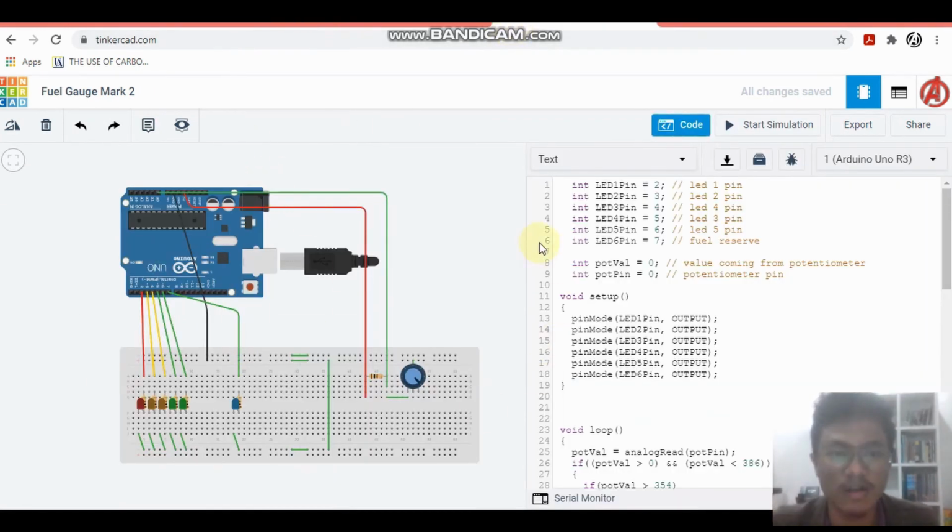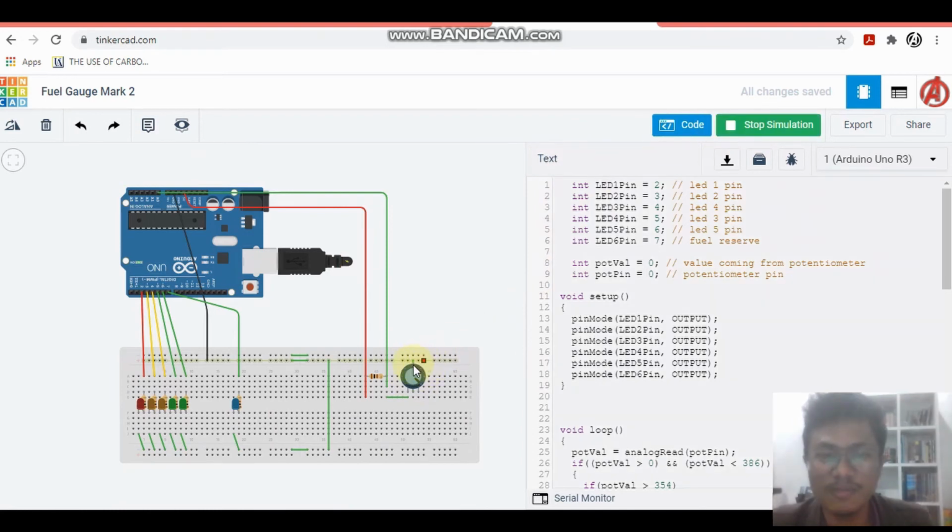Lastly, the fuel gauge. This potentiometer will simulate the level sensor. The level sensor basically detects by using buoyancy force. When the level sensor detects full level of fuel, all of these LEDs will light up.